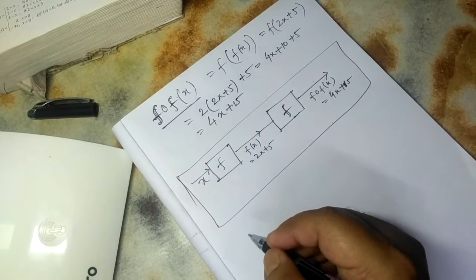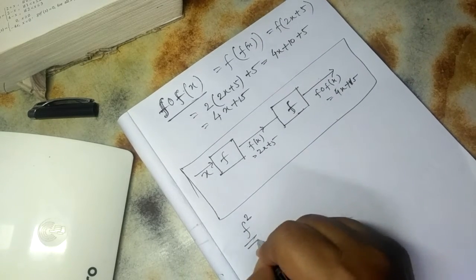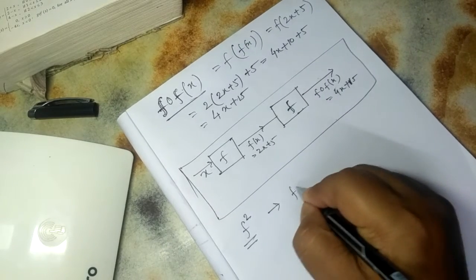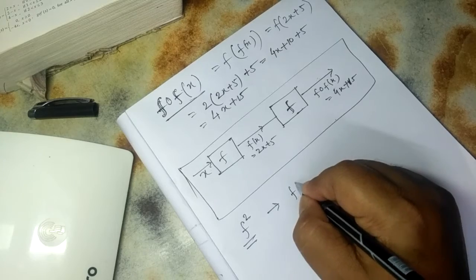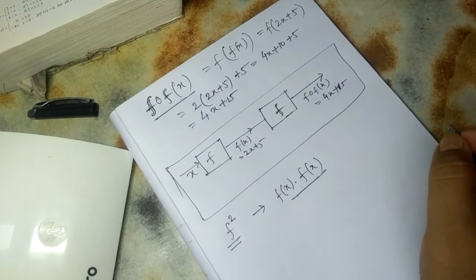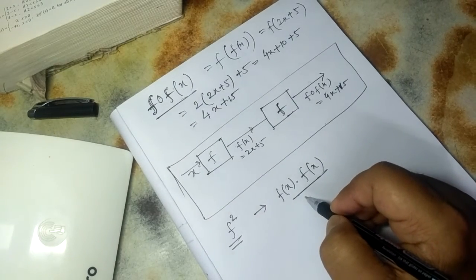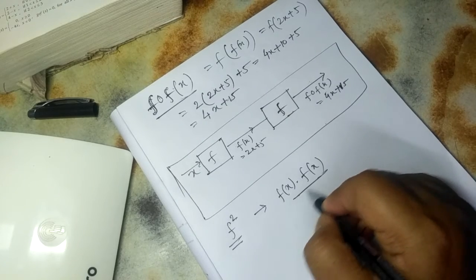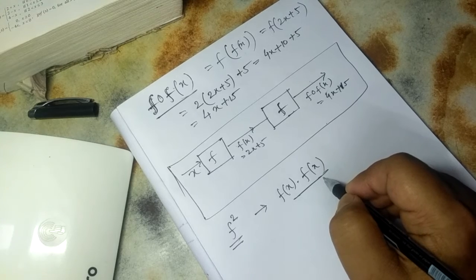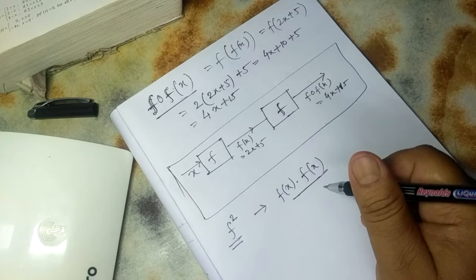Now what is f square? f square actually means f(x) into f(x). It means two functions are being multiplied. It is not a composition of functions; it is an operation on functions, that is the product of two functions, as we have discussed earlier.